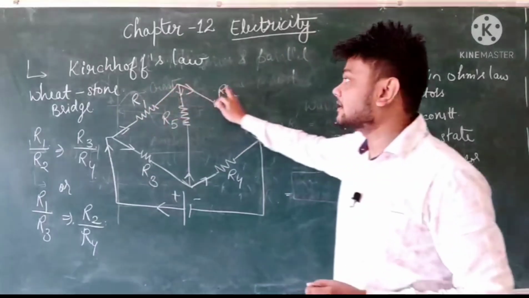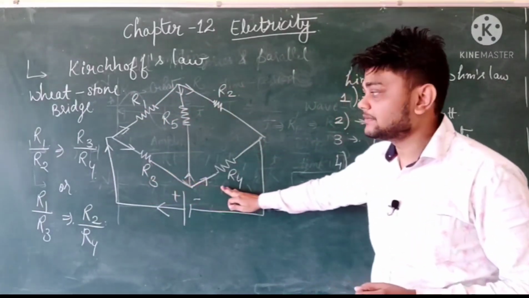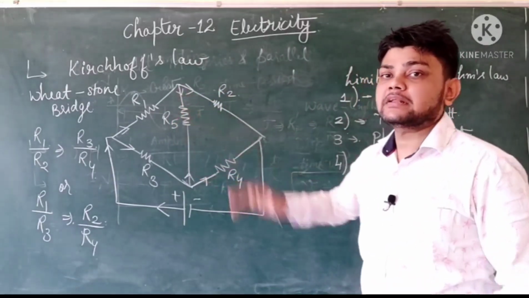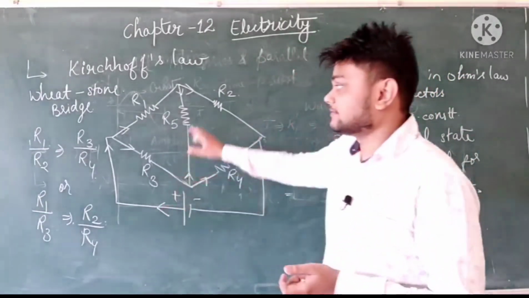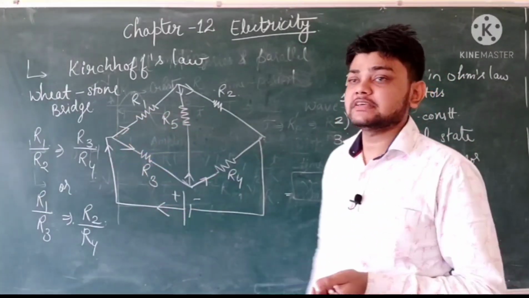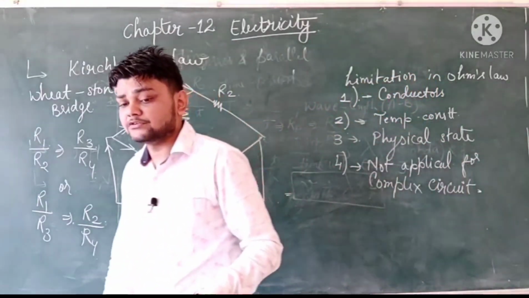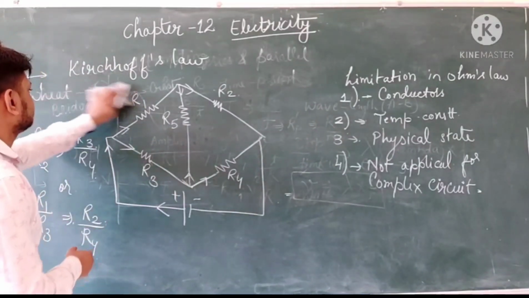Then R1 and R2 will be in series, R3 and R4 will be in series. Whatever the output comes, from that we can make a parallel combination and get our desired result. But if the resistance ratios are not the same, it has limitation. How we are going to handle that, we are going to discuss in this scenario.